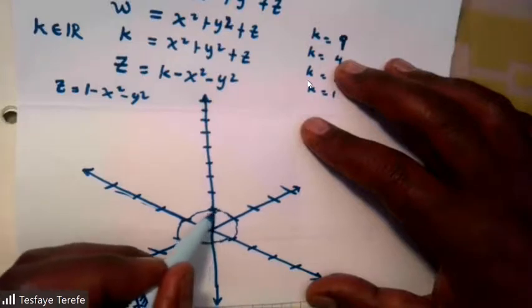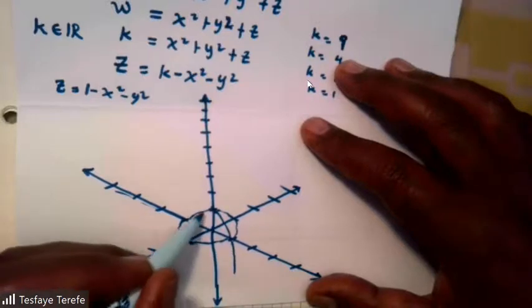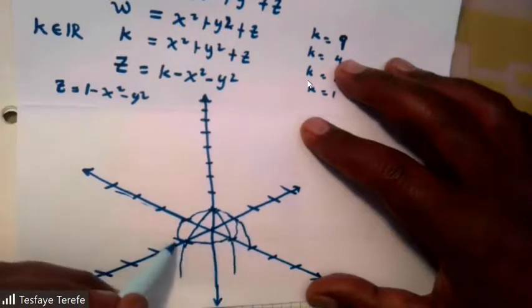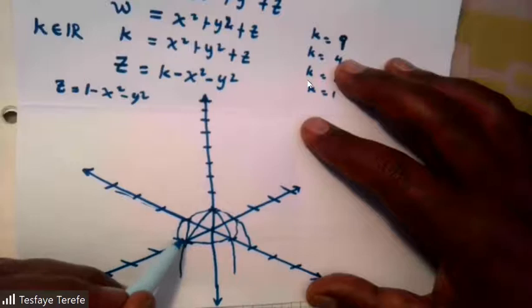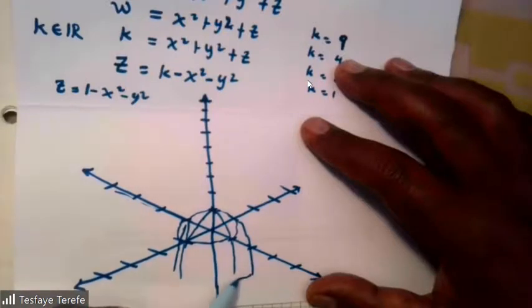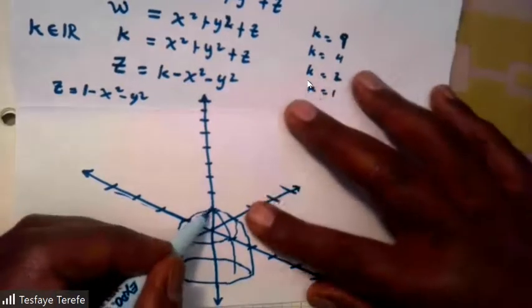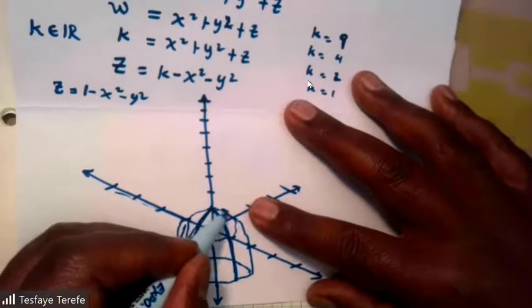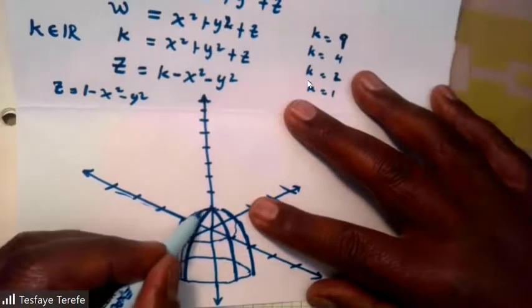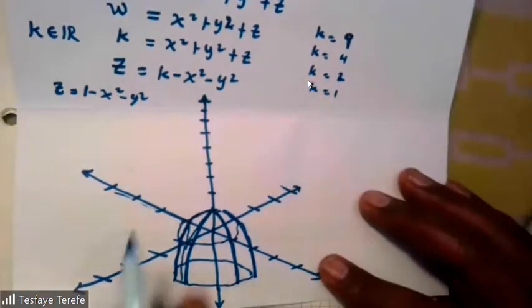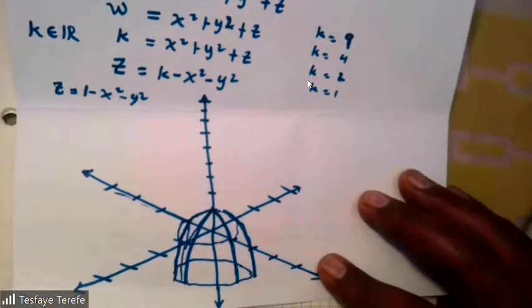When you draw, you will have this paraboloid coming this way. By the way, this is going down all the way. Is it clear? The first one?